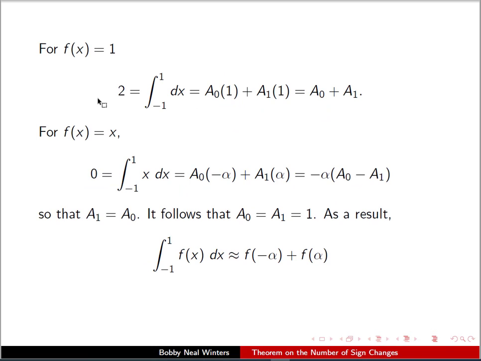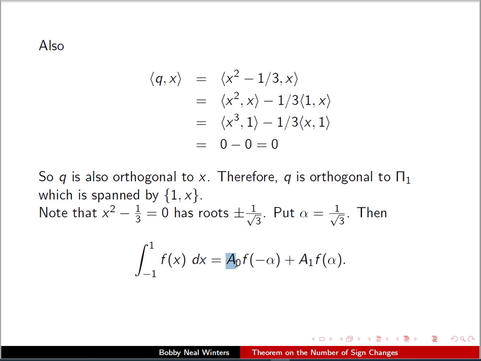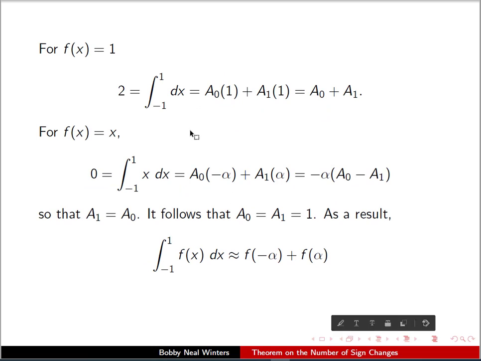Well, let's see. Oh, well, my integral is equal to 2. Okay, anyway, so it works. I need to figure out what A1 and A2 are. This is what it is, but I need to figure out what A1 and A2 are. I know what the integral from -1 to 1 is.